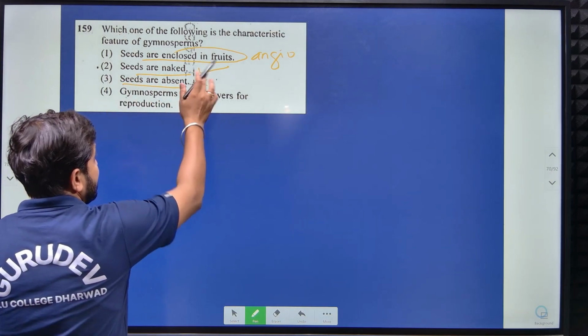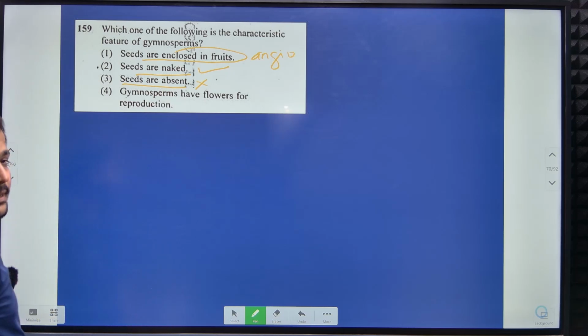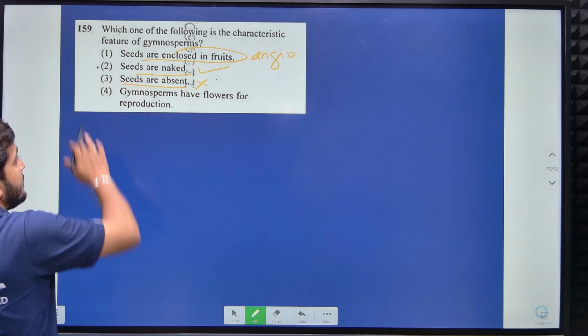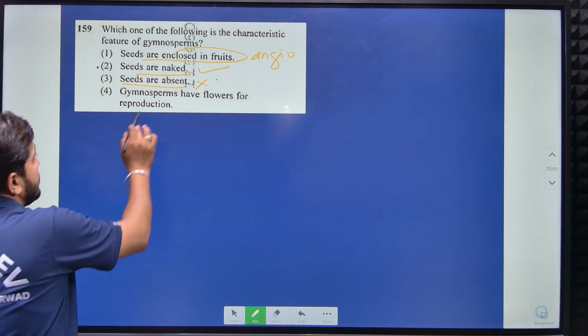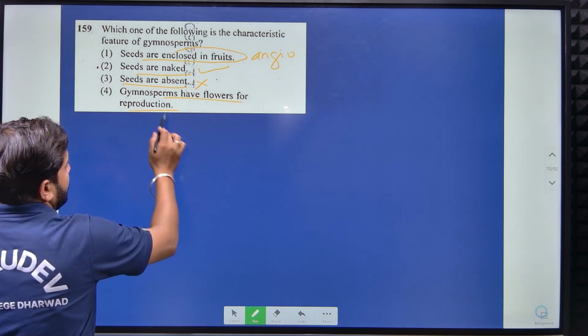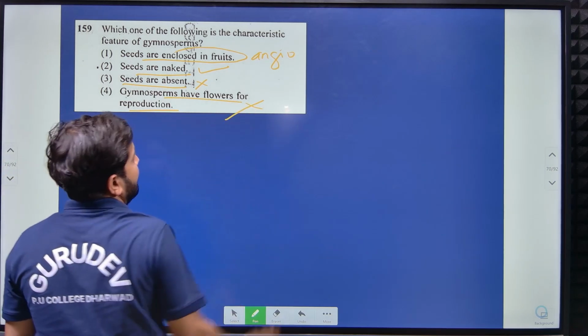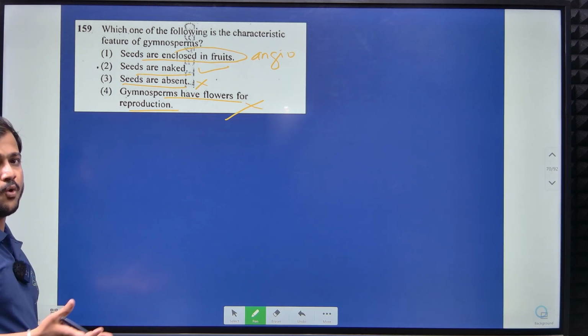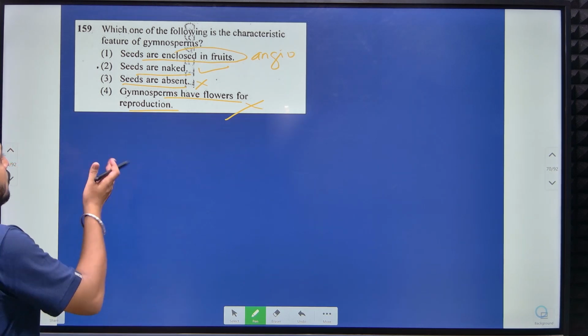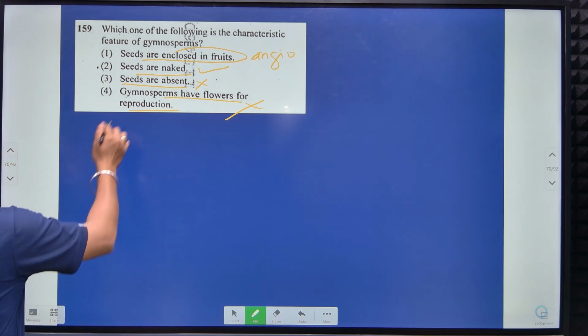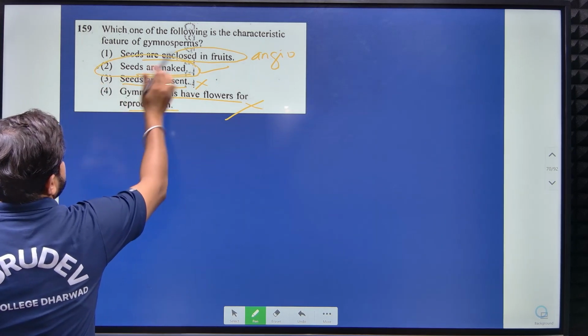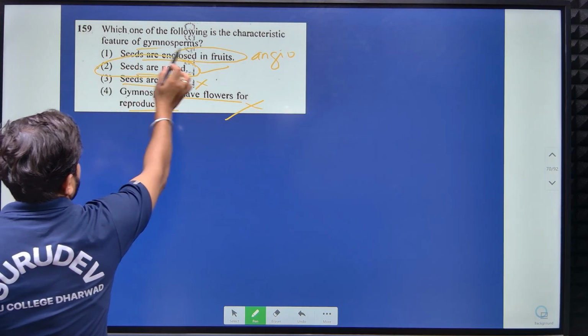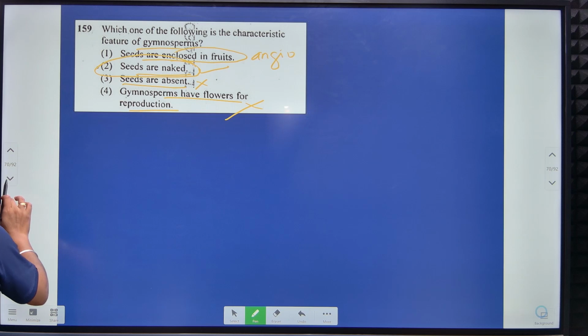No, seeds are present inside the gymnosperm, and because of that we call them naked seeded plants. Gymnosperms have flowers for reproduction. No, they don't have flowers. Instead, we will find a cone, male cone and female cone. So seeds are naked is the correct characteristic feature of gymnosperm.